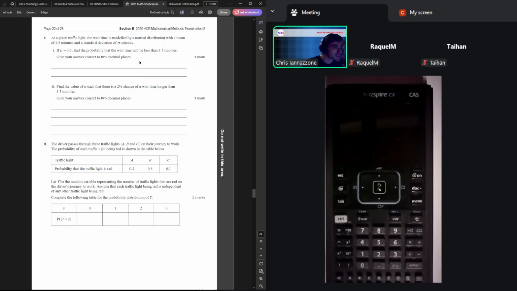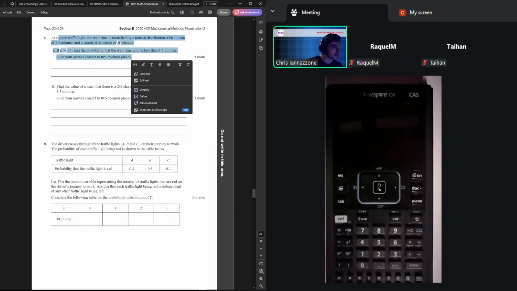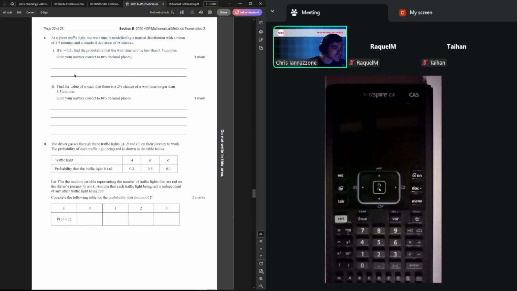It'll say the keyword normal distribution. Now all of a sudden you pretty much ignore everything unless necessary. We're now looking at traffic light wait times. It's normally distributed, so we now use the stuff from normal distribution, which we still haven't talked about yet, so I won't get into too much detail as to how you solve this one, but it says the keyword normal distribution, so you're now doing normal distribution probabilities.